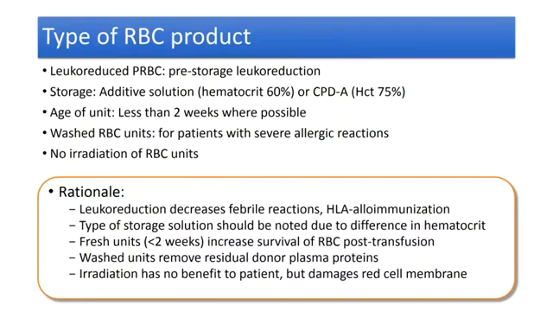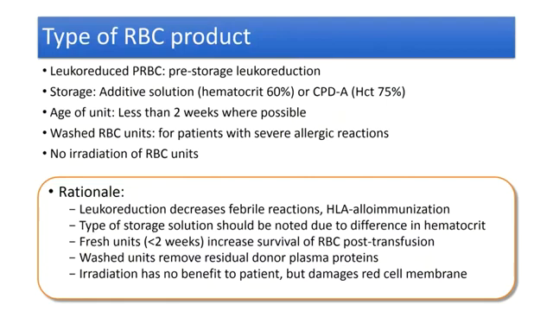It is not as important for adults, though. The age of the unit should be less than 2 weeks where possible. And that's the general recommendation. It's to select younger units, and washed RBC units may be needed for patients with severe allergic reactions. We recommend no irradiation of RBC units. The rationale for these is presented below.